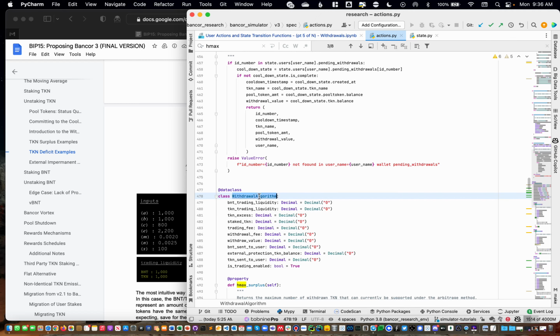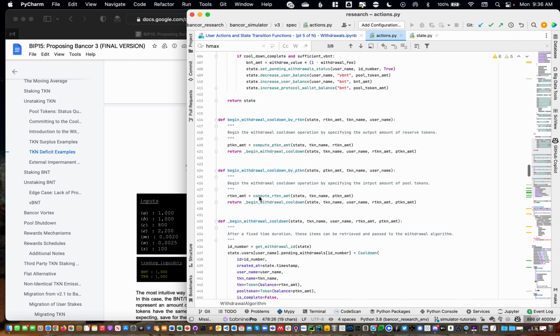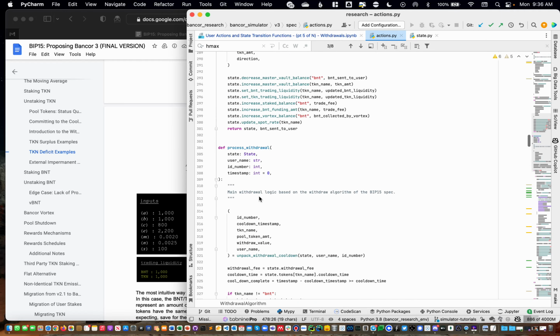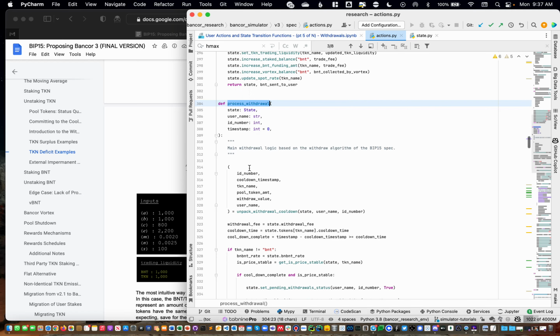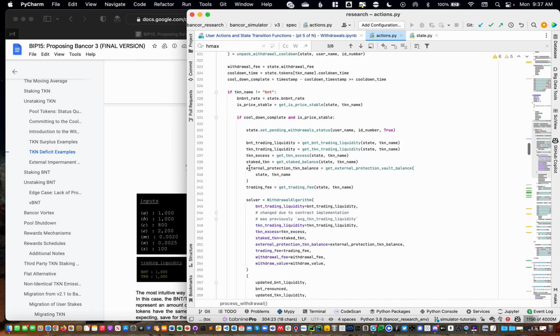Now, if we use this withdrawal algorithm within the context of a withdrawal, and we go to process this withdrawal, you can follow where exactly this is being used.